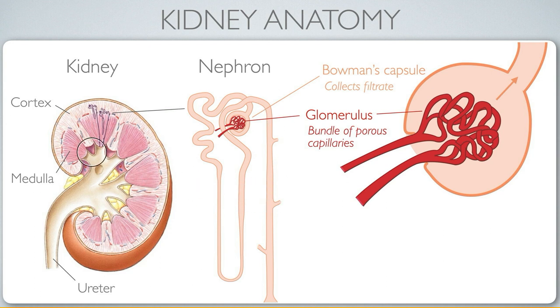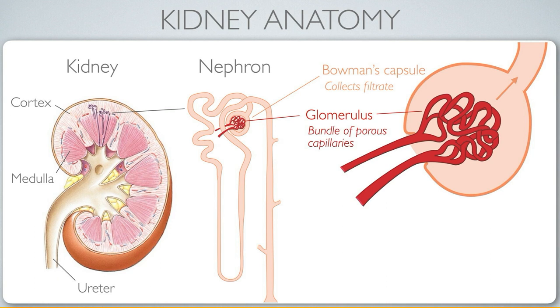Now, the position of the nephron, towards the center and away from the center, matters. And so we have similar terms as used for the brain: the cortex, which is more superficial, and the medulla, which is more towards the interior of the kidney.